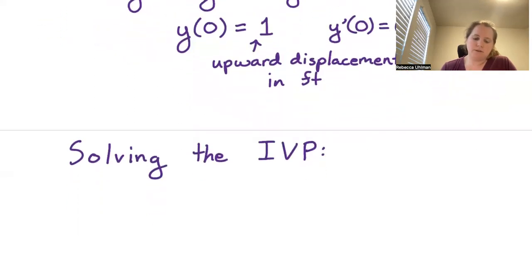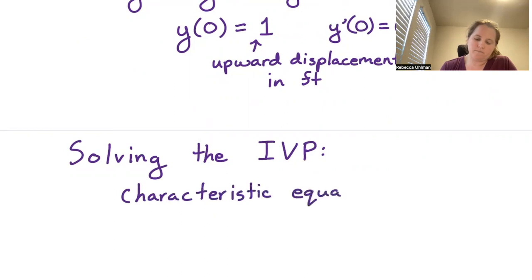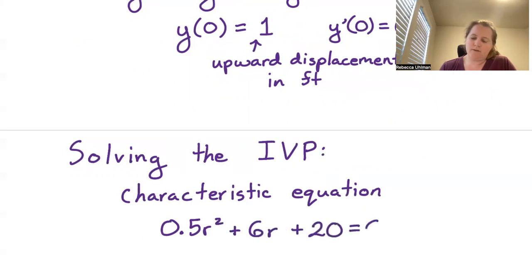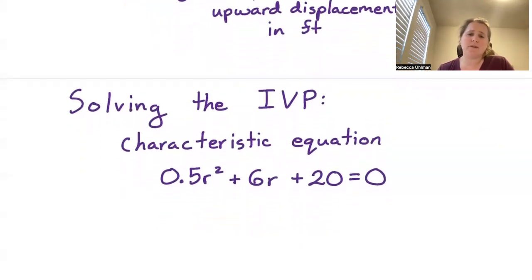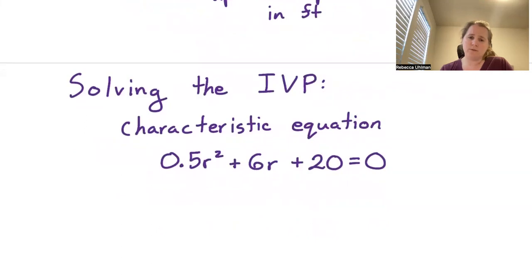We have characteristic equation. 0.5 r squared plus 6r plus 20 is equal to 0. You can do quadratic formula or you can complete the square, whichever one you want to do.